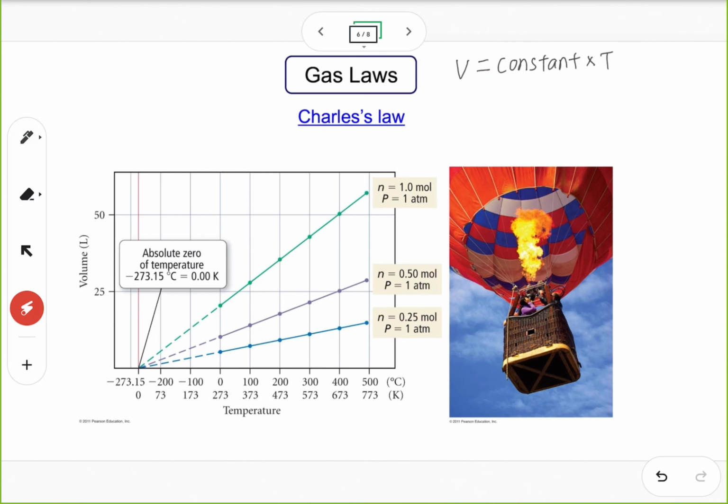Right now, as long as you know that this is a constant. Remember also, when you change the temperature and volume in Charles's law, pressure stays constant. So that's part of the constant we are talking about here. Based on this equation, higher temperature, higher volume, lower temperature, lower volume.